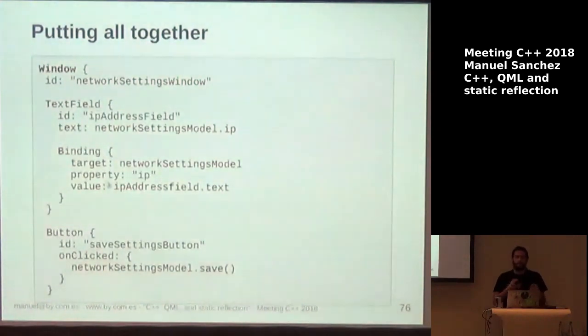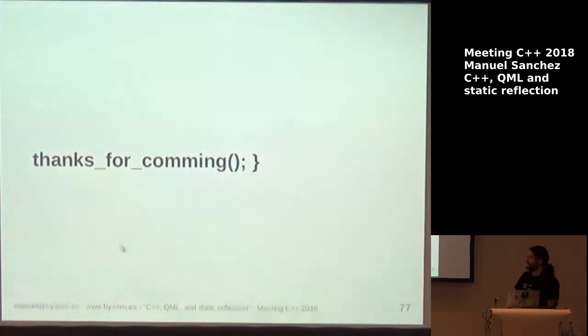So whenever the user changes the text with the keyboard, that value will be updated in the proxy side of the backend. And finally, you have a button, and whenever that button is clicked, you tell the model to save it. And that's all.